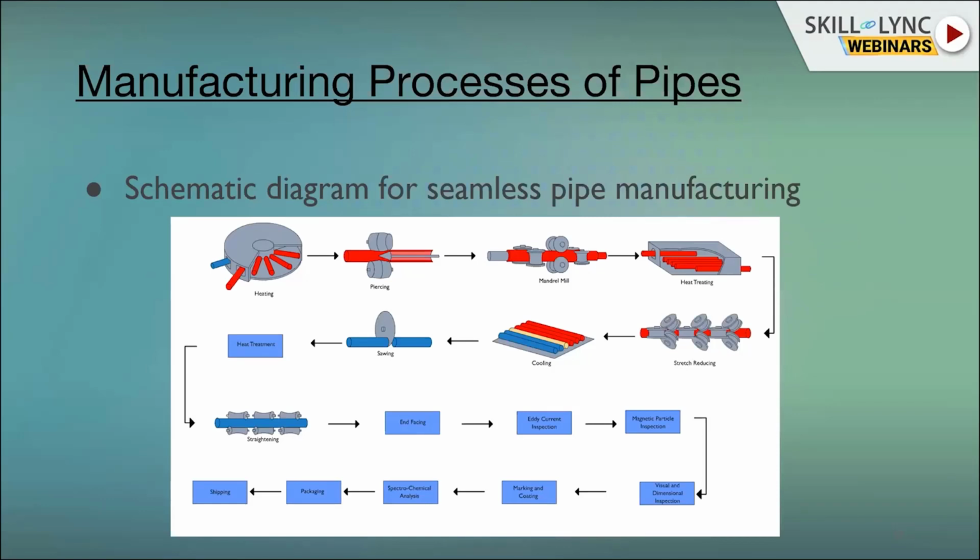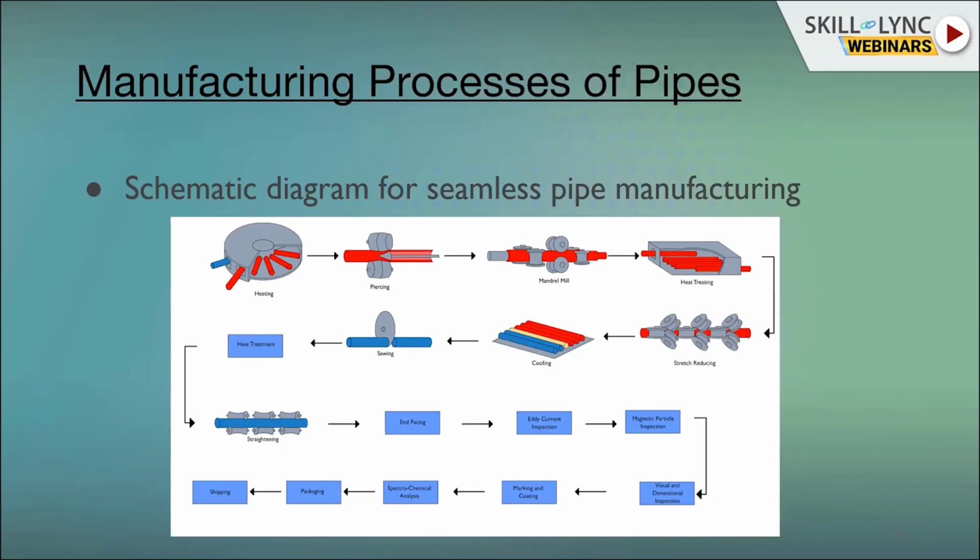Okay, so this is a typical schematic diagram for the manufacturing of a seamless pipe. First, you can see the round bar is heated. Orange shows the heating part, blue shows the cold state, and red shows the heated state.